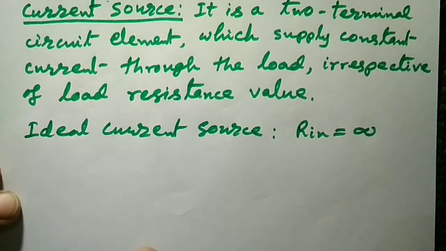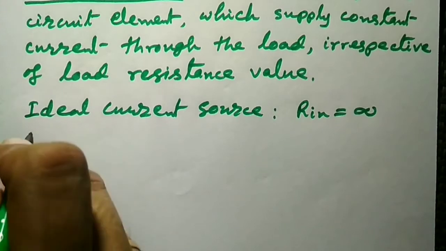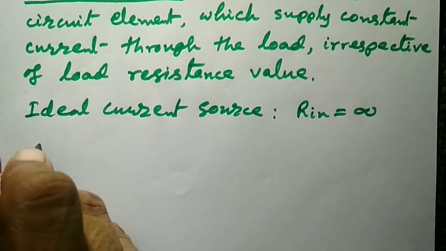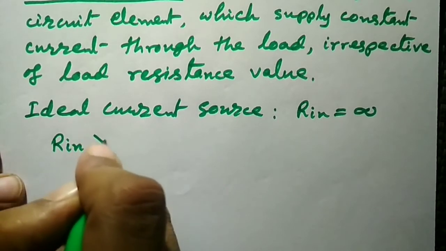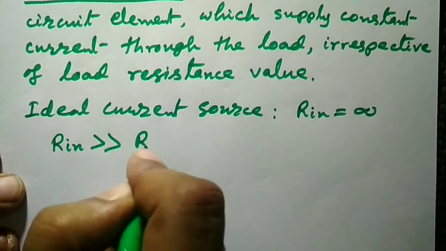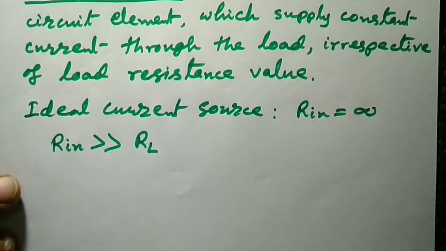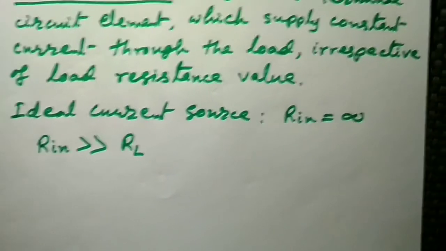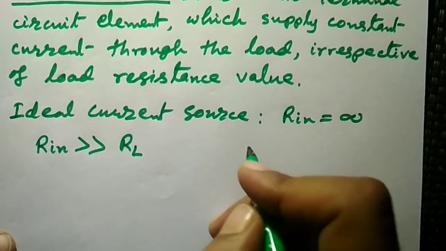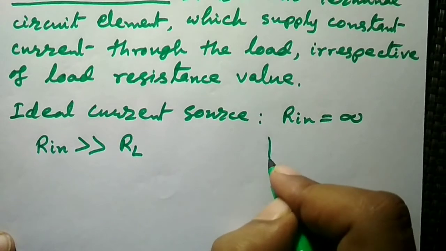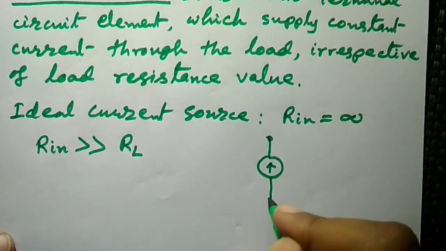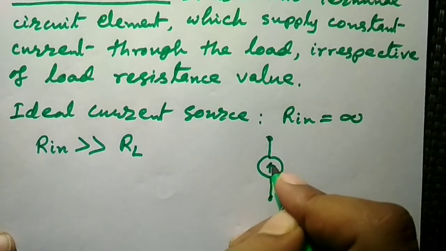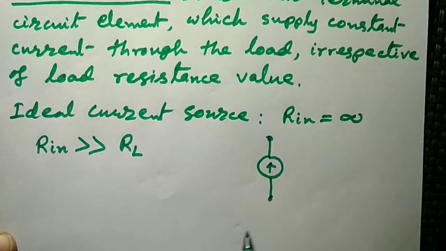In other words, the current source can be defined as the energy source which has an internal resistance much greater than the load resistance value. The symbolic representation of a current source is shown, where the arrow sign indicates the direction of the current from the source.